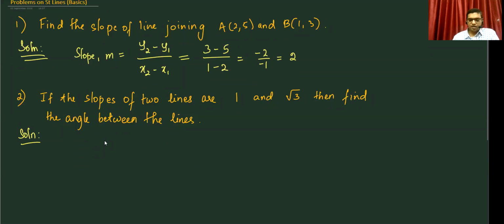So how do we do this? So what is given? m1 is equal to 1 and m2 is equal to root 3.